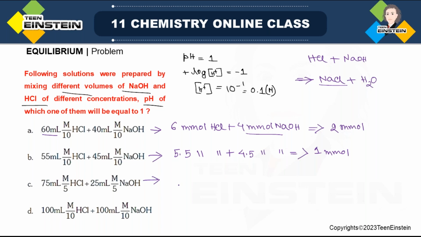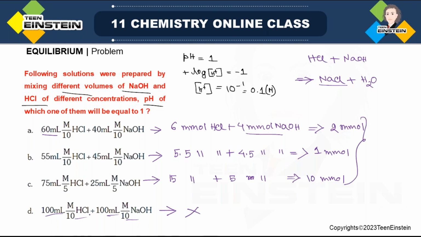Now in the third case, it is 75 divided by 5, so it is basically 15 millimole, and 25 divided by 5 is 5 millimole. That means again NaOH is consumed, and 10 millimole of extra HCl is there. And the last one, it is 100 by 10, 100 by 10. That means it will produce a neutral solution. So this option cannot be the correct option.